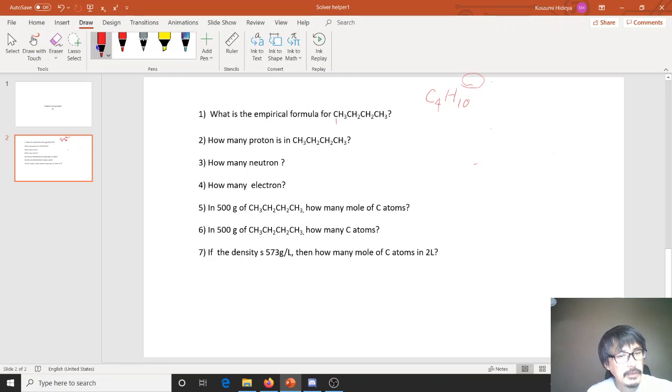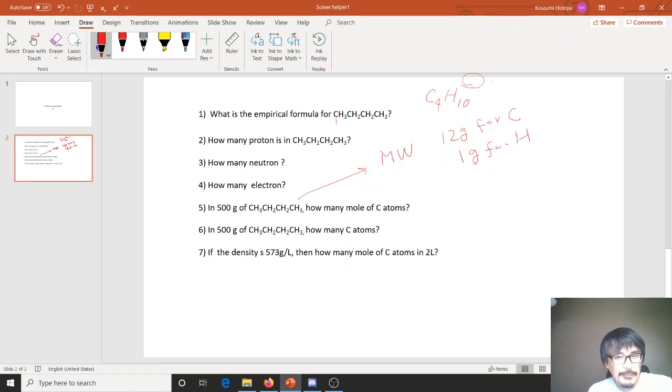Alright, so if I actually have 500 grams of this, how many moles? To do this type of calculation, I really have to calculate the molecular weight. Each carbon weighs 12 grams per mole, right? 12 grams for each carbon, and then 1 gram for hydrogen.